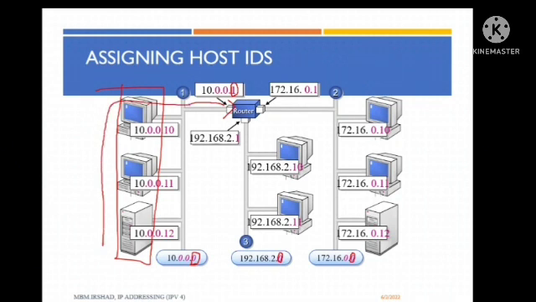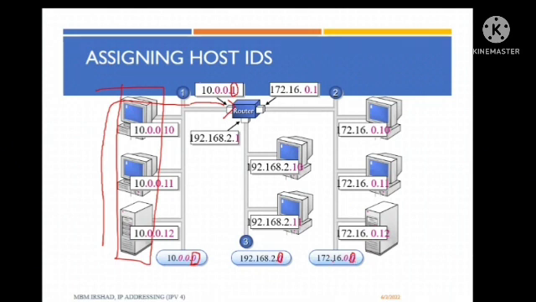All data should go here. So the gateway for these PCs from network 1 will be the IP address of this interface 1. Then the next IDs are assigned for hosts, like 10.0.0.10, 11, 12.